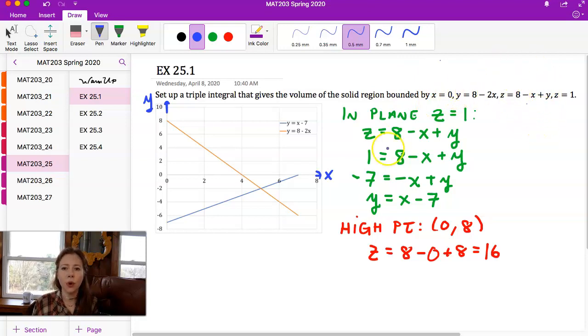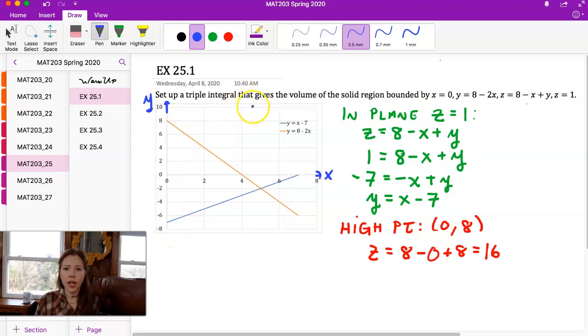When z is 1, we found that x is related to y as follows: y is equal to x minus 7, and that's what this blue line is showing us. We're also bounded by x equals 0, so right here, that's our left bound looking down.